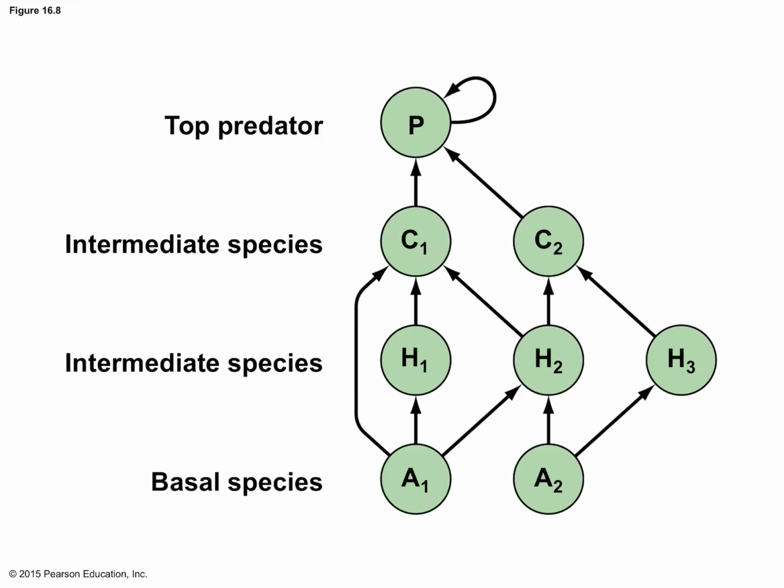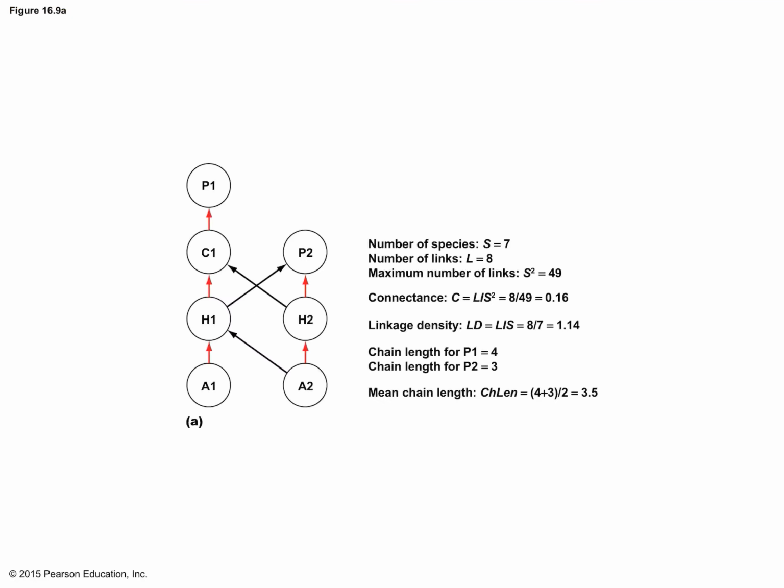All right, so let's look at this diagram here. What you see here is sort of a hypothetical food web made up of 7 species. Okay, so we have our predators, actually 2 of those. We have one intermediate consumer.